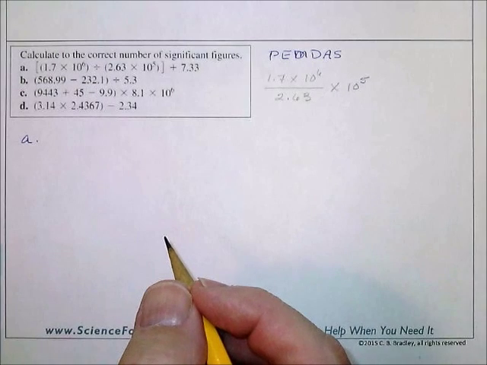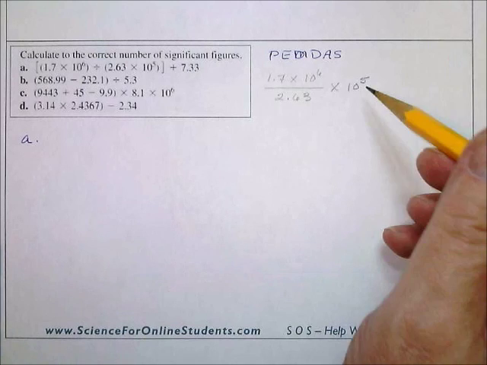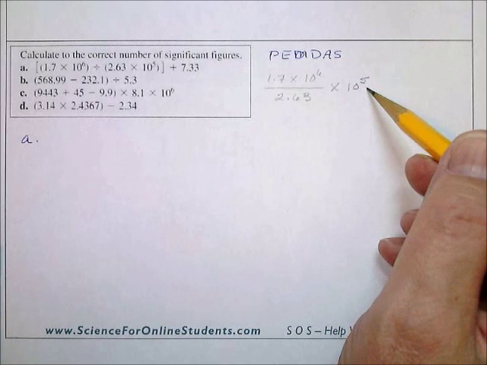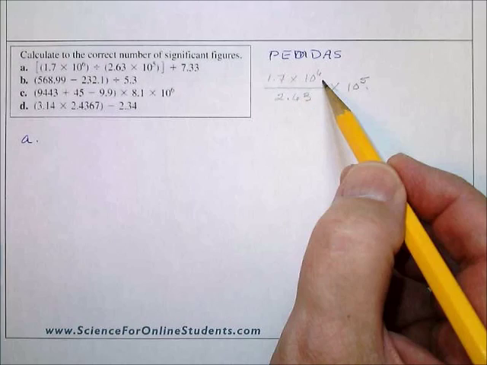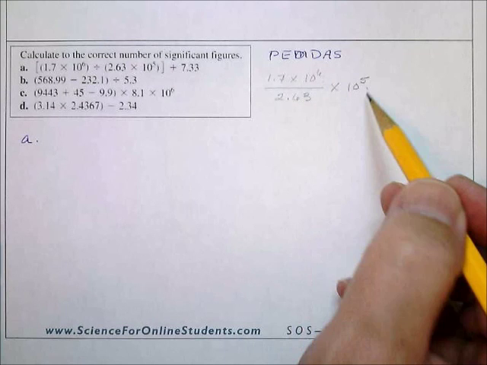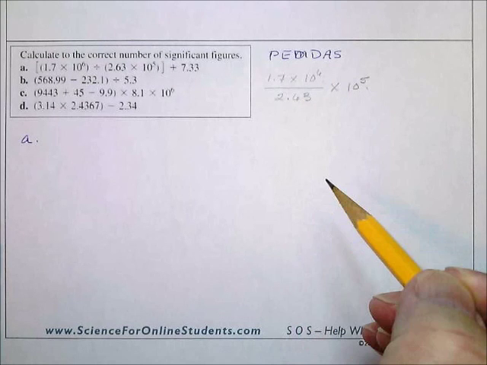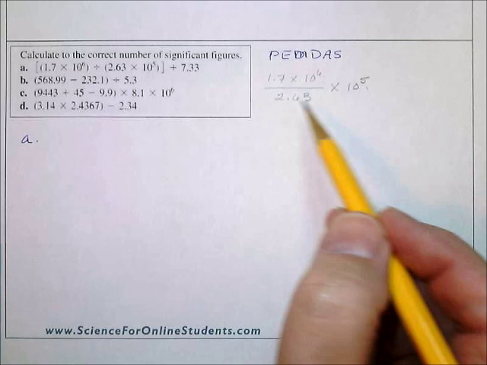And that will get you the wrong answer because you're multiplying the whole thing by 10 to the 5th rather than dividing the top quantity by 10 to the 5th. That's why on the graphing calculator, use parentheses.